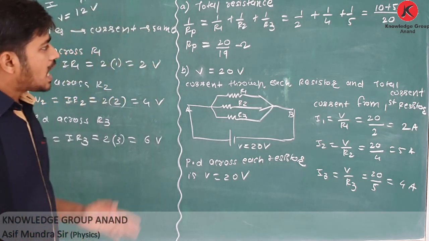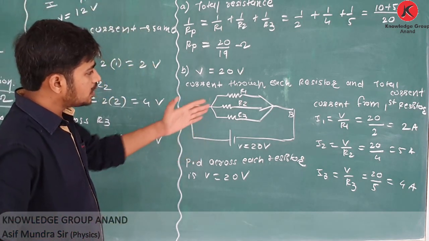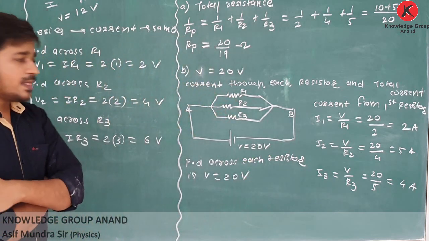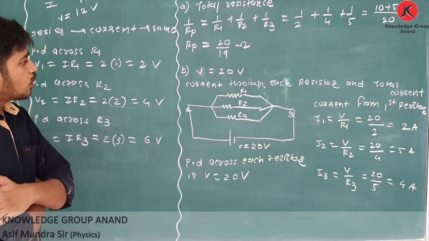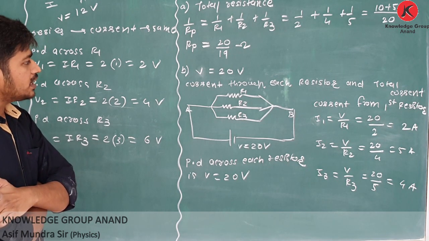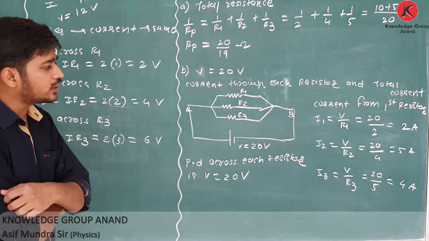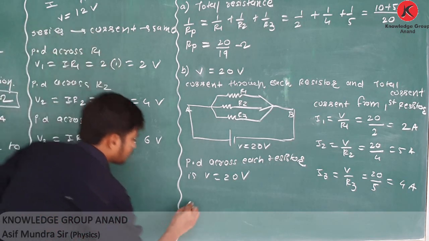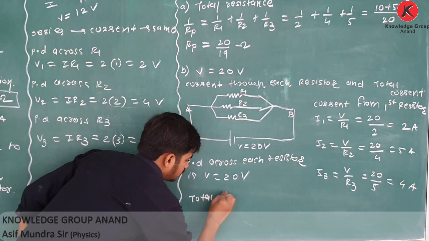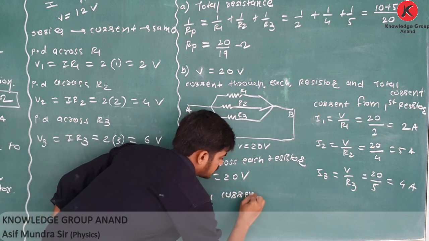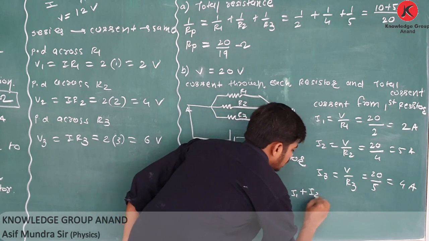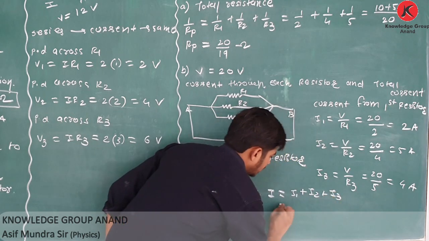Now, your second question is, what is the total current? How to find the total current? Total current I is equal to I1 plus I2 plus I3.